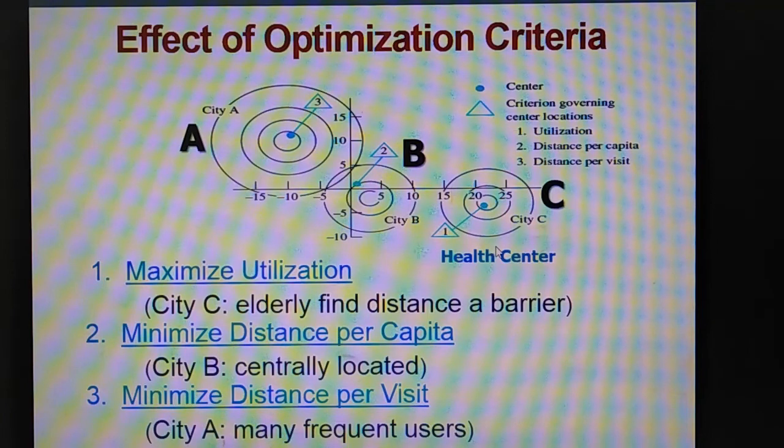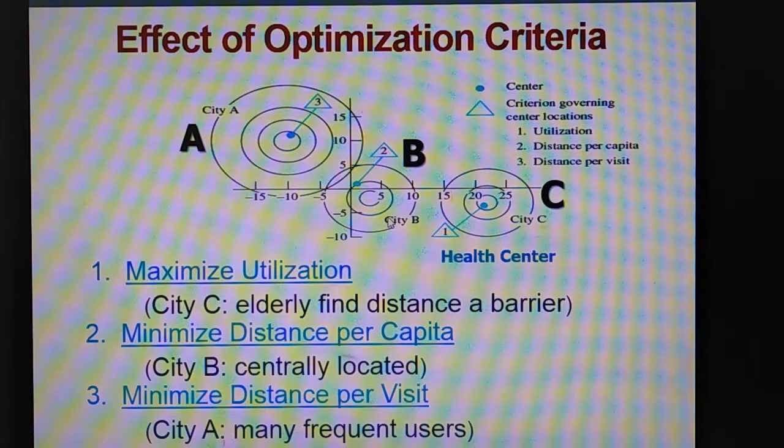For them to travel a long distance to a health center is quite a challenge. So they decide to use the health center at city C. City C is considered to have a distance barrier, so the elderly mainly go to the health center in that city.